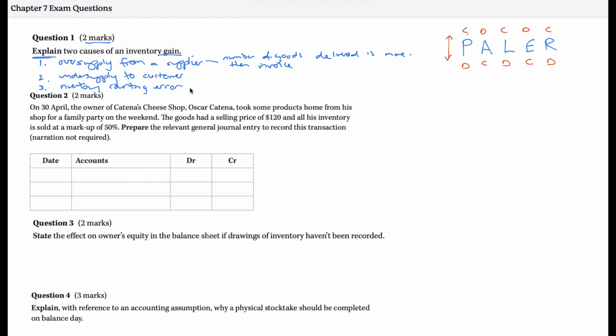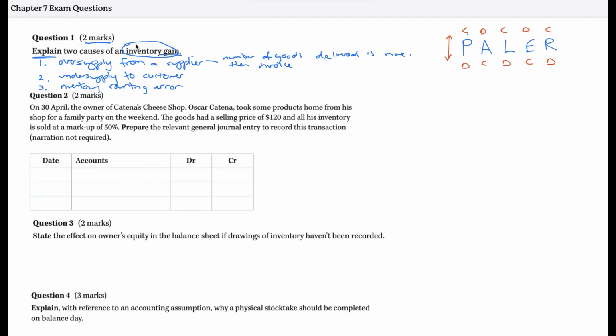For example, we might say, yes, we did get 6 from our supplier, but if we wrote 4 in our inventory card, when we did our count, we'd suddenly find 2 more. So you need to explain how these would result in an inventory gain. So that's an important aspect.